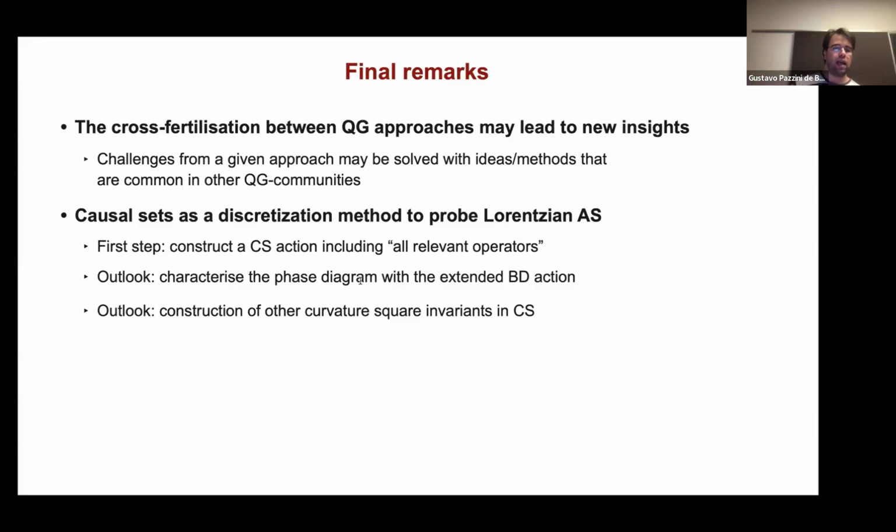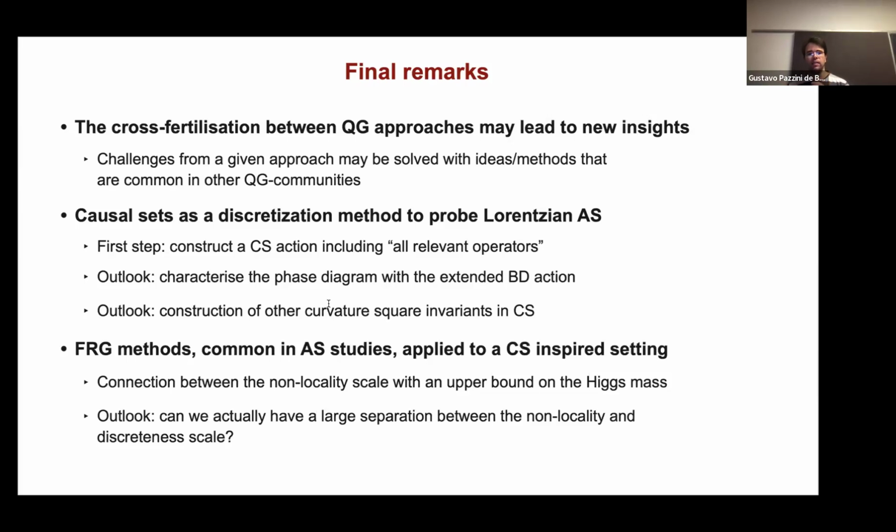The second point is how to construct, if it's possible, other curvature invariants from causal sets. And I think this is indeed possible with some modifications on the method and the sum over layers, let's put it this way.